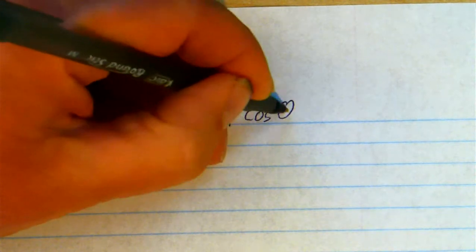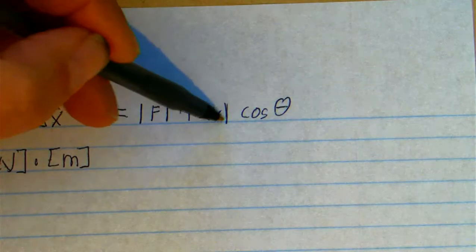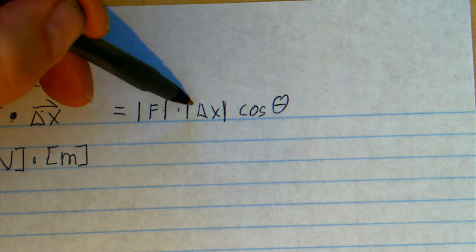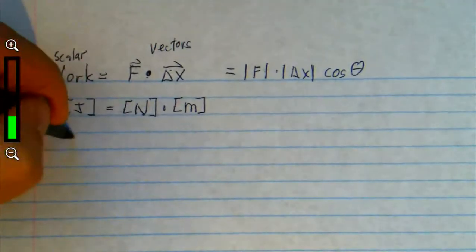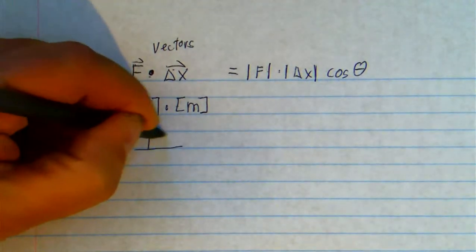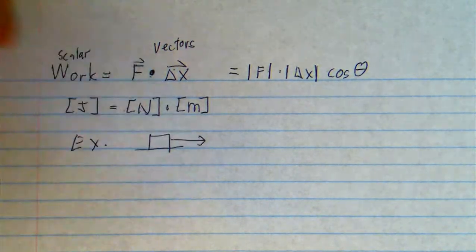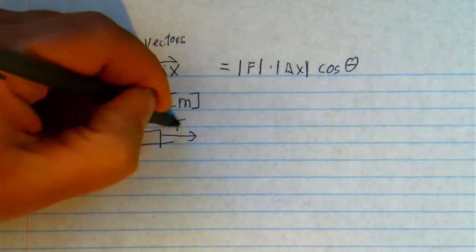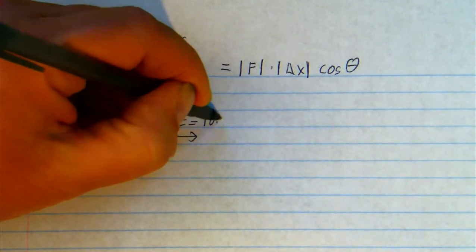It means I multiply the magnitude of the force by the magnitude of the displacement by the cosine of the angle between these two directions. Okay, so let's look at some examples here. Suppose I have a box and I pull the box to the right with a force of 10 newtons.